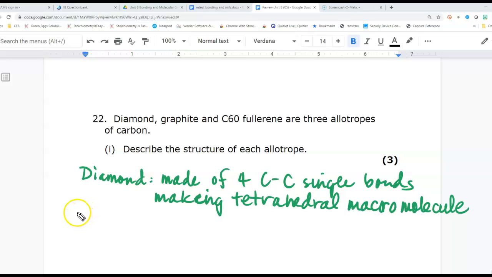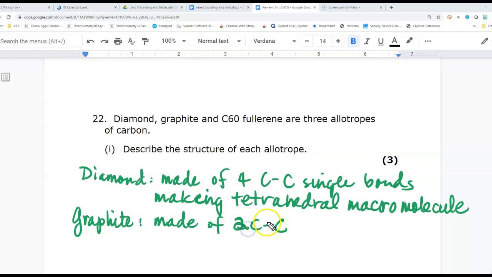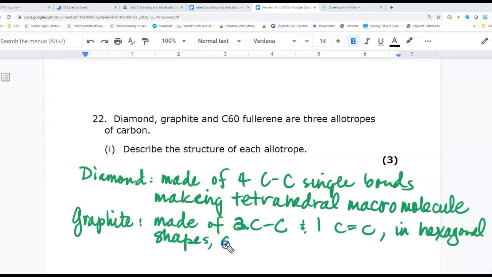Then we could say graphite, made of actually 2 C to C single bonds and 1 C to C double bond, in hexagonal shapes, which arrange themselves in sheets.